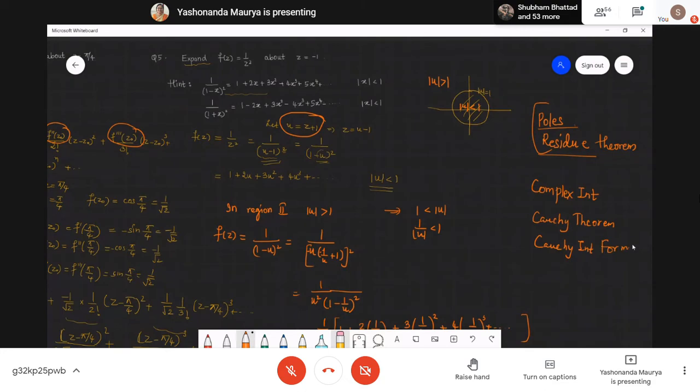These two things we have seen, and after that Taylor and Lorentz series expansion. So in the test only this much will be asked from this particular chapter.